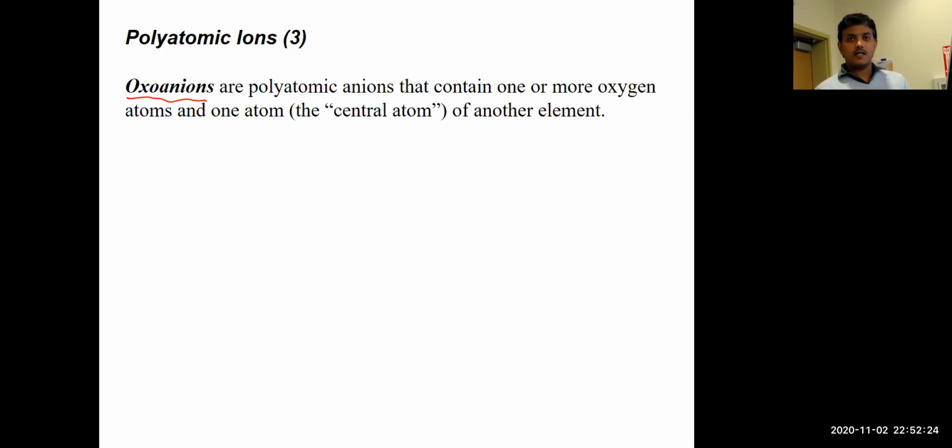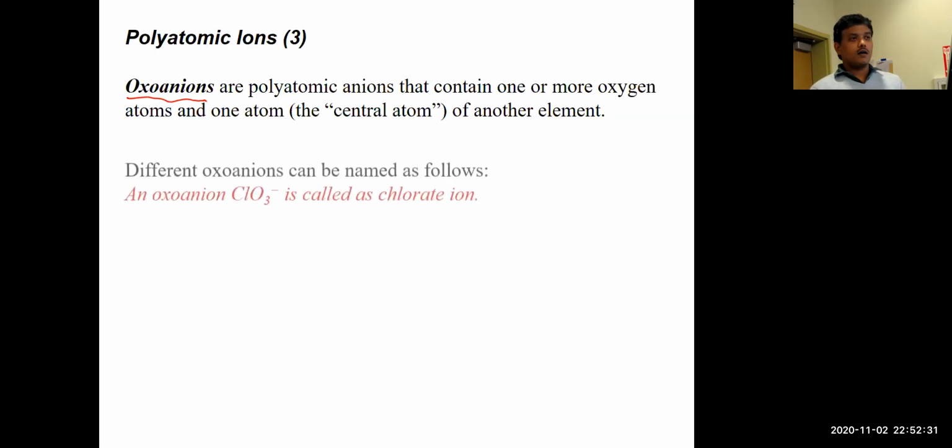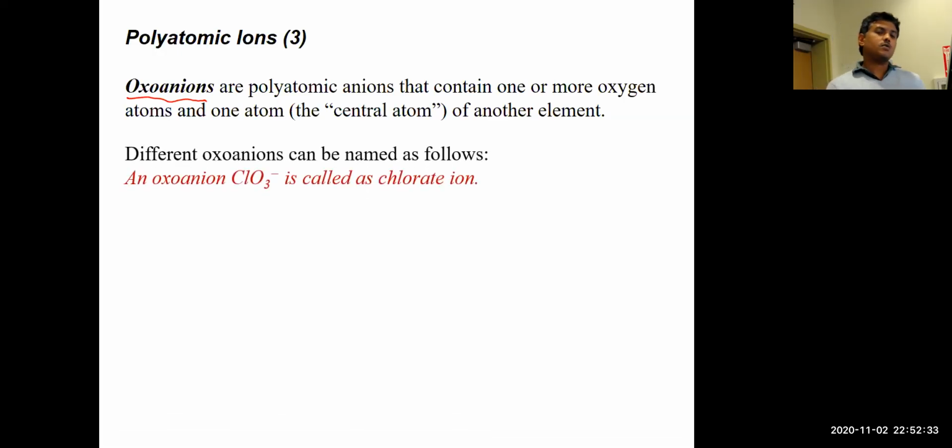So good luck in separating one from another, but I'll do my best to help you differentiate them. First, look at the most common oxoanion, which is chlorate. Chlorate contains 3 oxygens for 1 chlorine, okay? And depending on how many oxygens are connected per single chlorine, the name of the oxoanion is going to change.